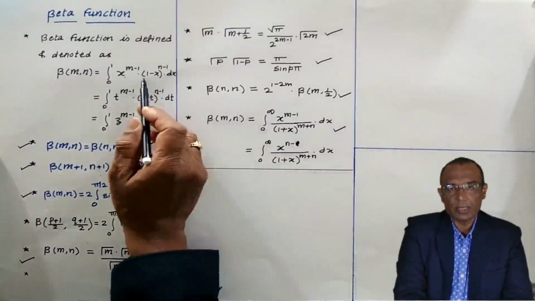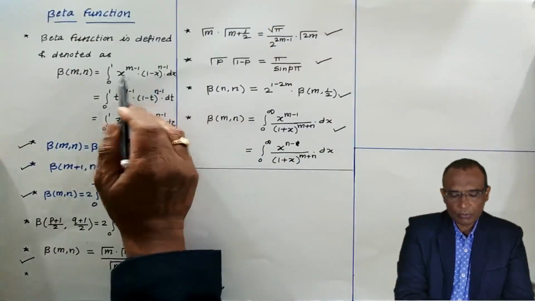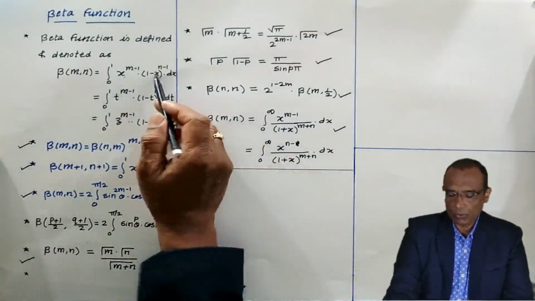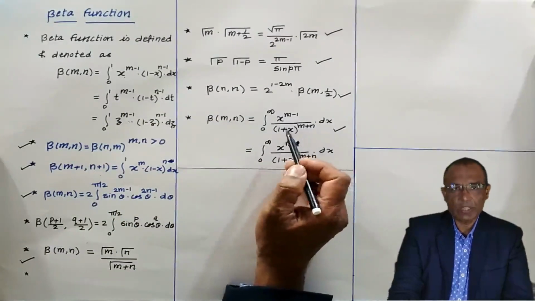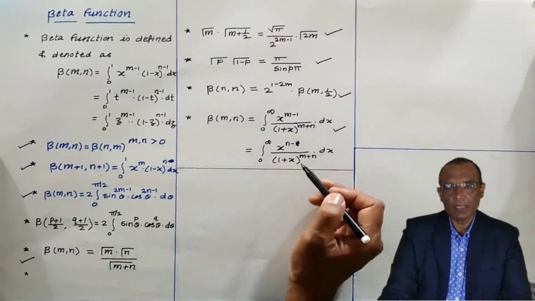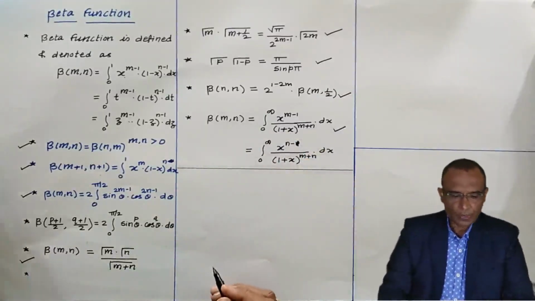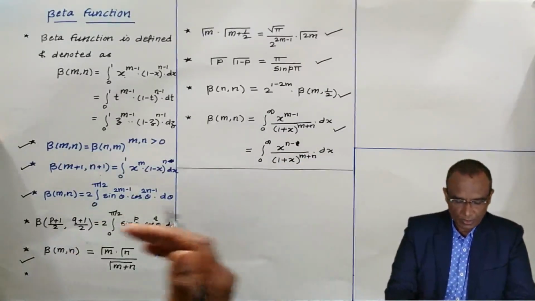If you substitute in the definition of beta function x equals t by 1+t, you will get this. This is very simple to do, but I have directly written the results here. Now, the problems on beta function, how the problems will be asked in the examination.